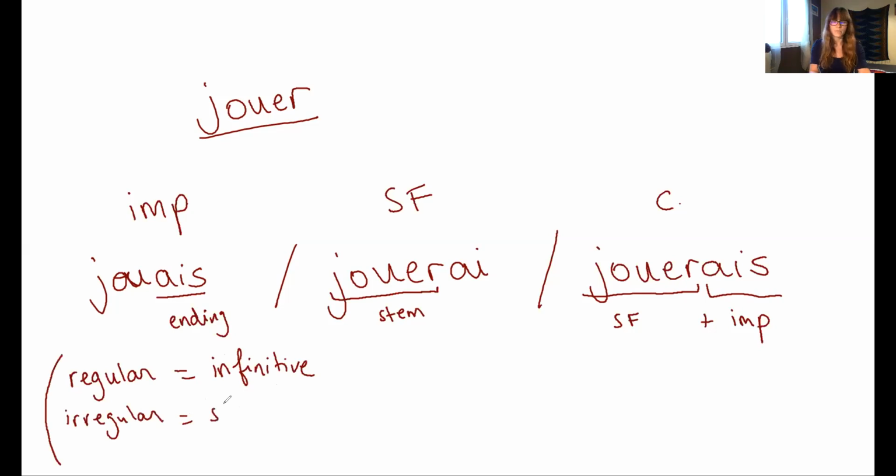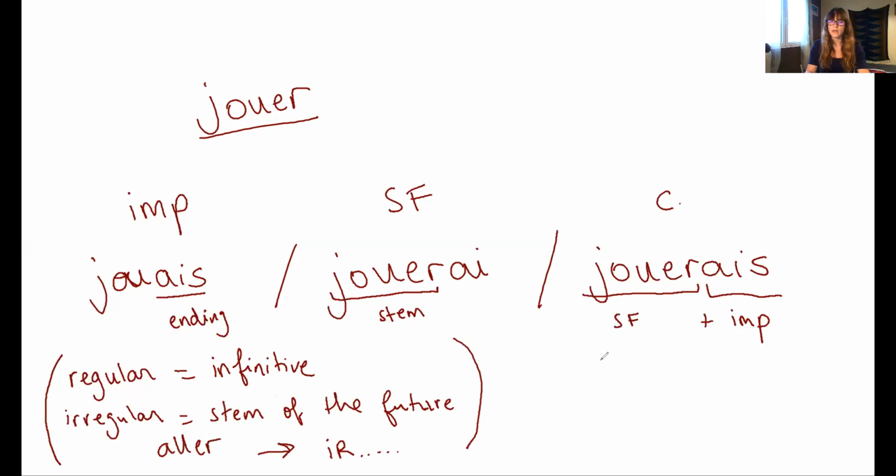So, for example, aller had the stem of the future. Future. So, for example, aller, remember the stem was irregular. It was ir, like this, and then you added your ending. It would be the same for the conditional. You just use the same stem as for the simple future. Then you add your imperfect. It's just as simple as this.